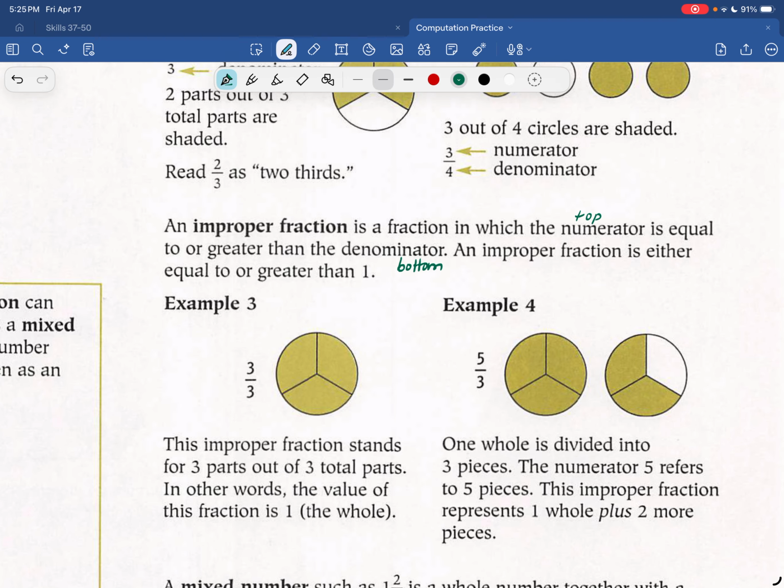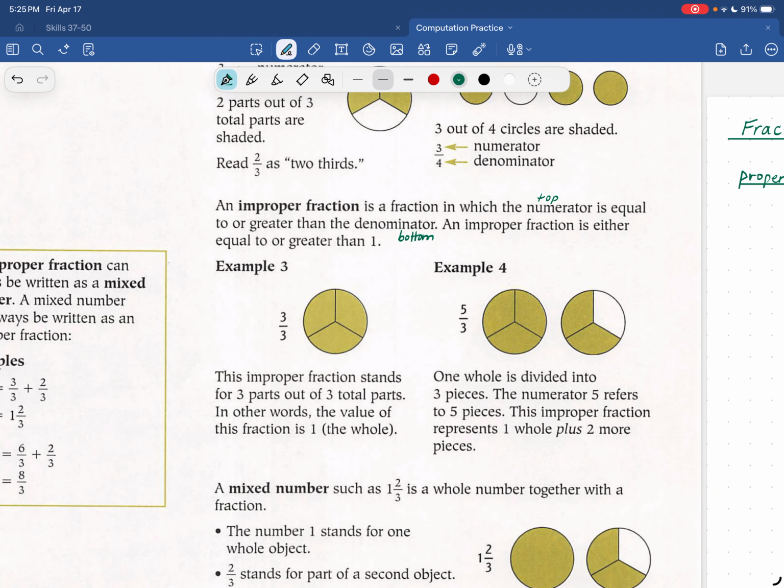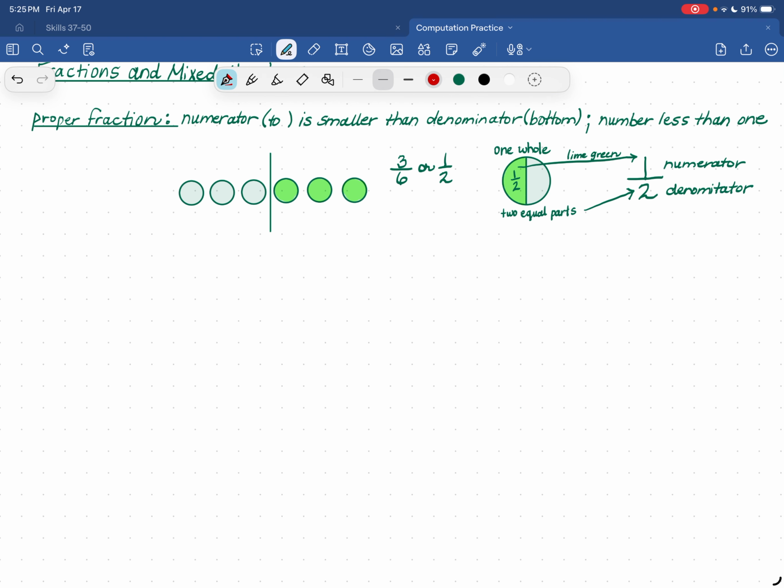And for this one, I'm going to draw these into my notes. So examples 3 and 4, I'm going to put in my notes. So let's come back to this page. I think I will change colors just so you can easily distinguish.